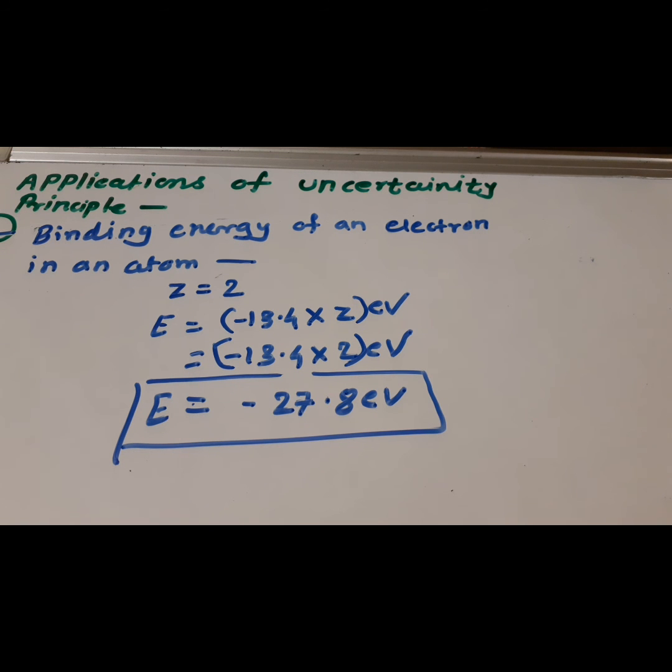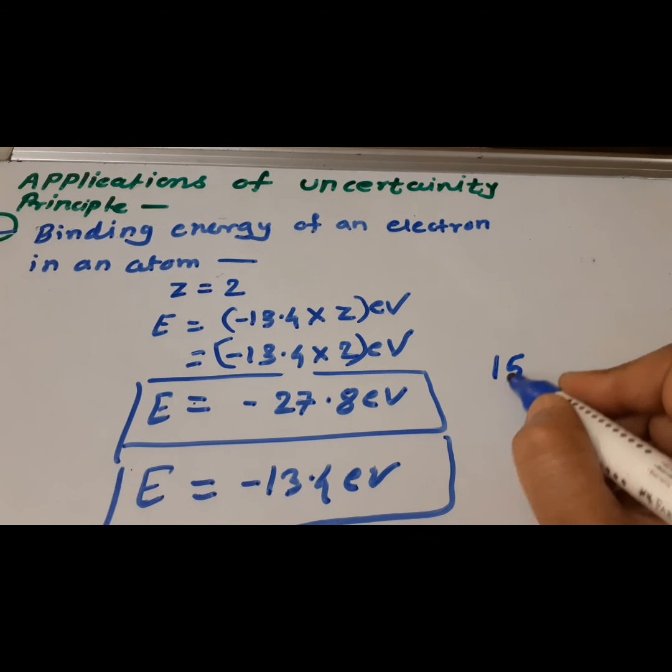And these two values closely agree with the binding energy of the outermost electron in hydrogen, that is minus 13.4 electron volt for the hydrogen atom, and minus 27.8 electron volt for the helium atom respectively, and roughly it is 15 electron volt.